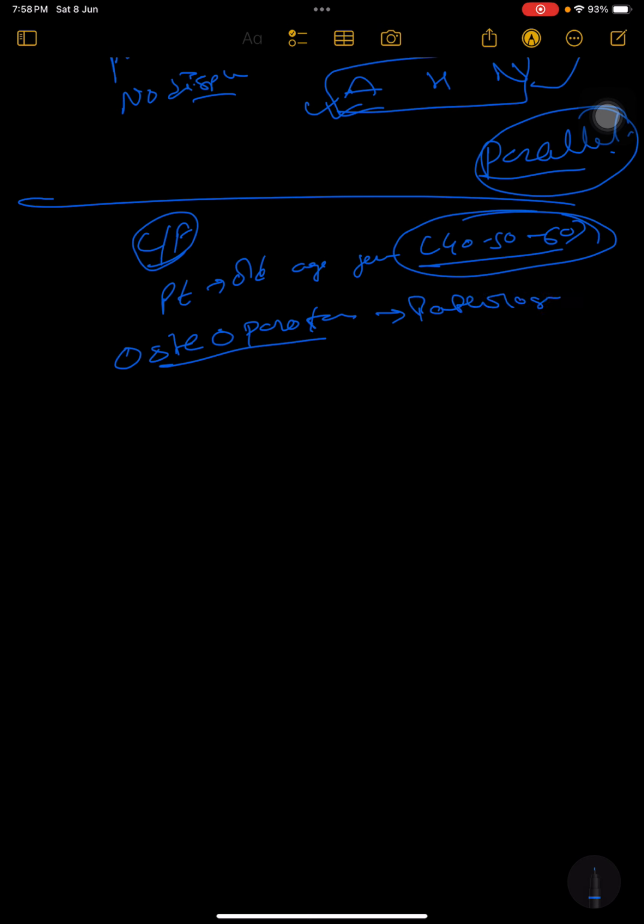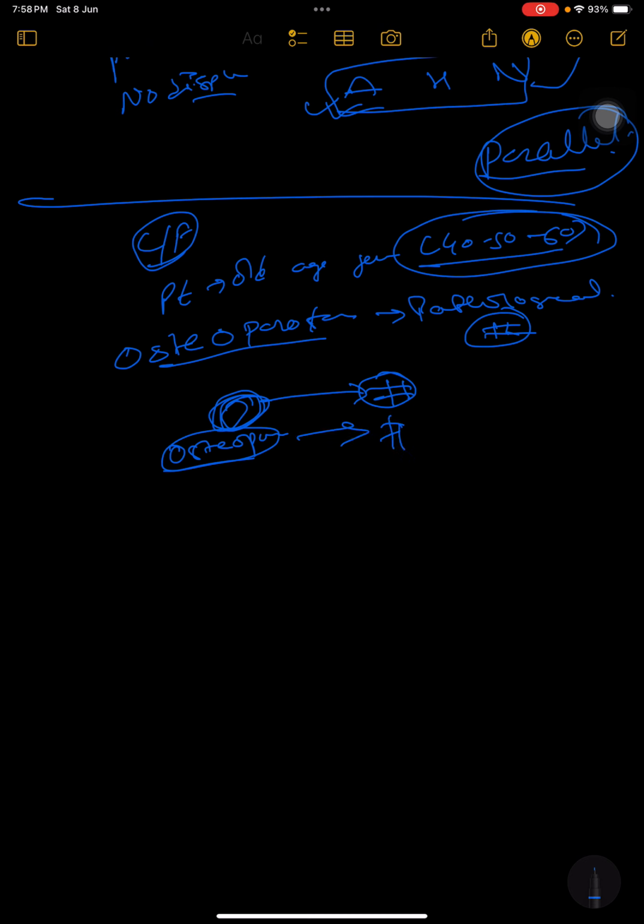Now what is a pathological fracture? Pathological fracture does not mean there is a fracture and then there is a pathology. It means there is a pathology and that pathology is followed by fracture. First there is osteoporosis, and after osteoporosis there is a fracture. That's why this is a pathological fracture.